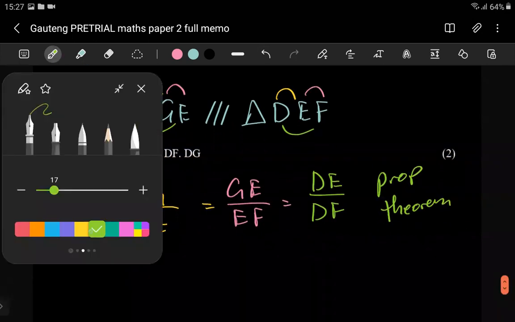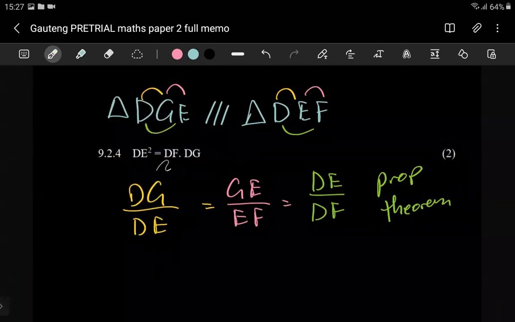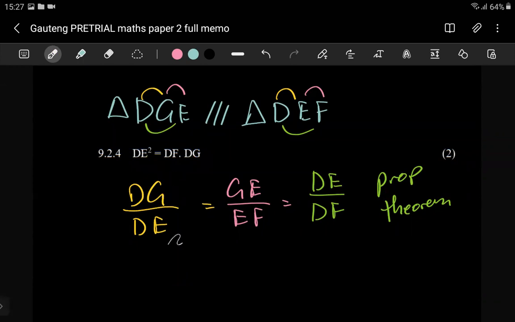Now with these statements, we have to choose 2 of them that have these lines. There's DG here, and we need something with DE. These 2 both have DE, so these are the 2 we're going to pick.